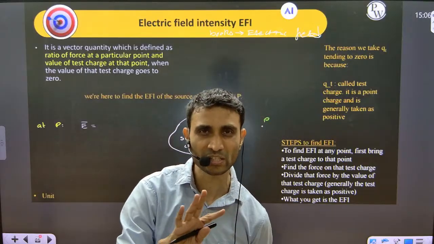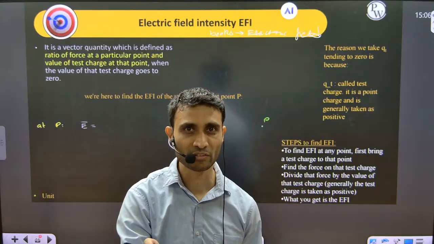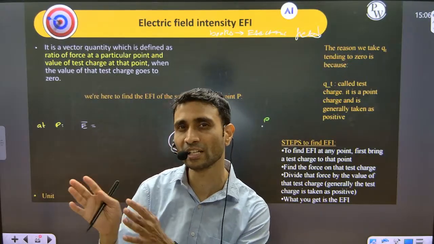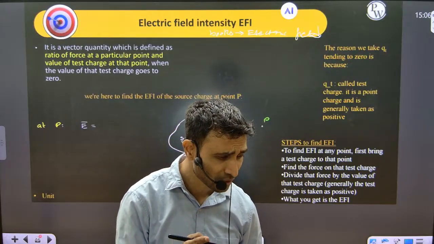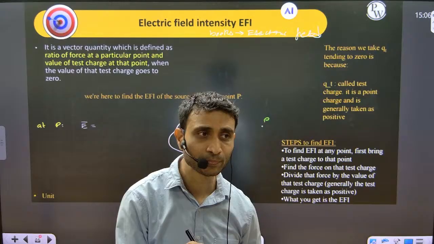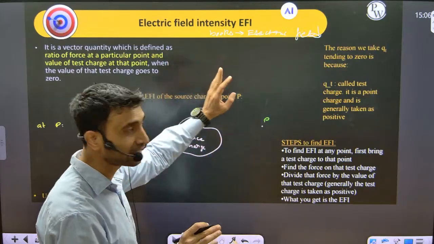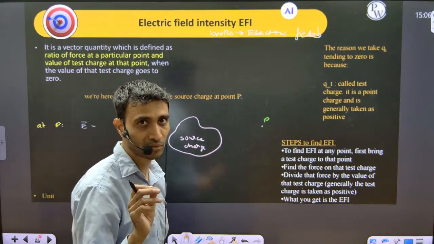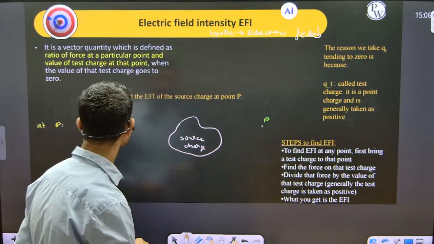I will also call it electric field because it is a shortcut way of saying it. Instead of saying electric field intensity, in short I will say electric field. But actually the right word is electric field intensity, and since this is the first time, I have to tell you the correct word.